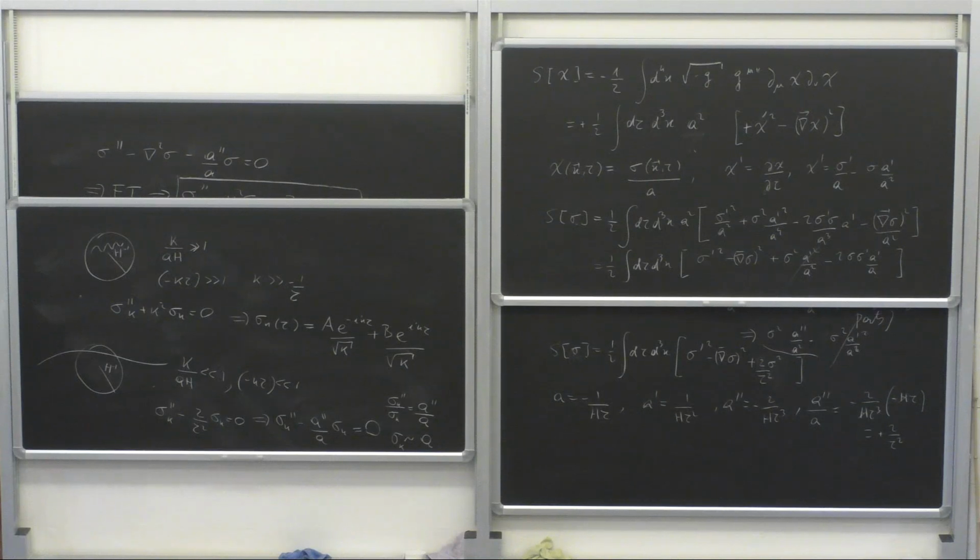But if you remember that we defined chi to be sigma over a, we discover again that the field we started from, the fundamental field, when the perturbations are on super-Hubble scales, sigma goes like a, you divide by a, and chi freezes in. Okay? So that is the kind of picture that comes out from these changes of coordinates.